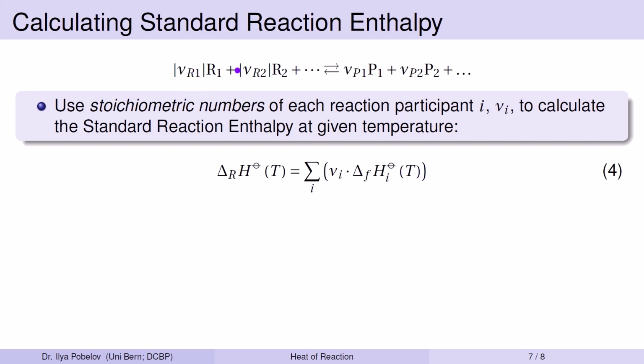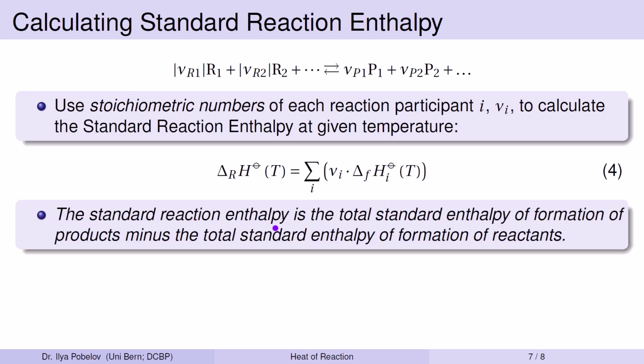The stoichiometric numbers for reactants are negative. This is why this equation can also be interpreted as the standard reaction enthalpy equals the total standard enthalpy of formation of products minus the total standard enthalpy of formation of reactants.